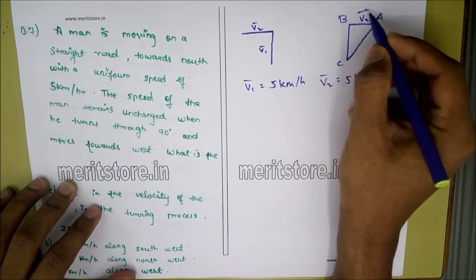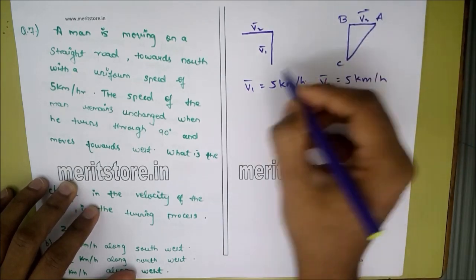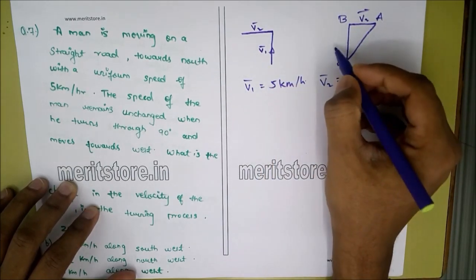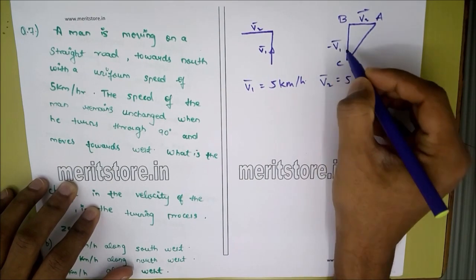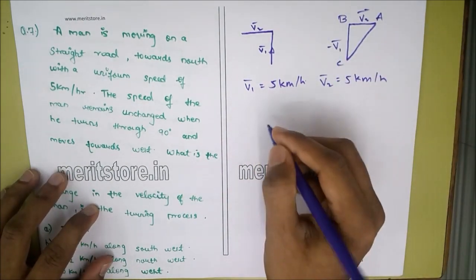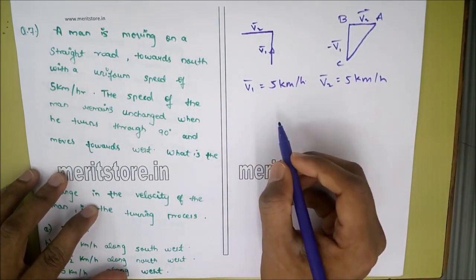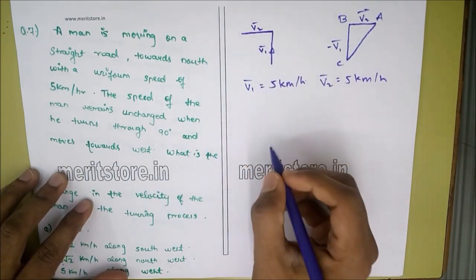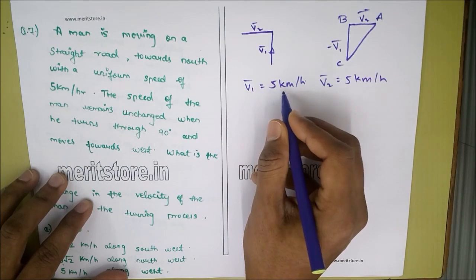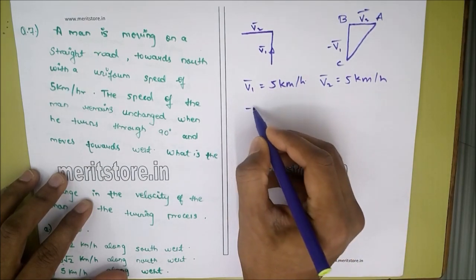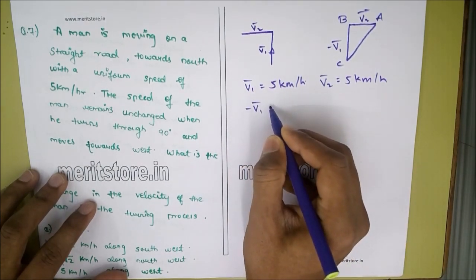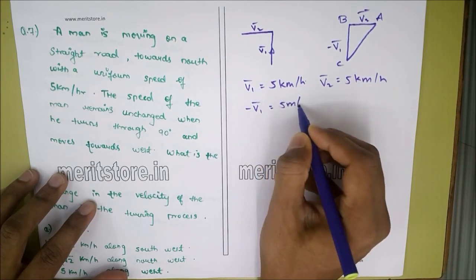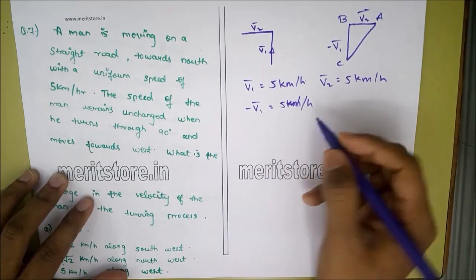V1 bar in the north direction can be written as minus of V1 bar in the south direction. Since V1 is equal to 5 kilometers towards the north, minus V1 bar is equal to 5 kilometers but in the south direction.